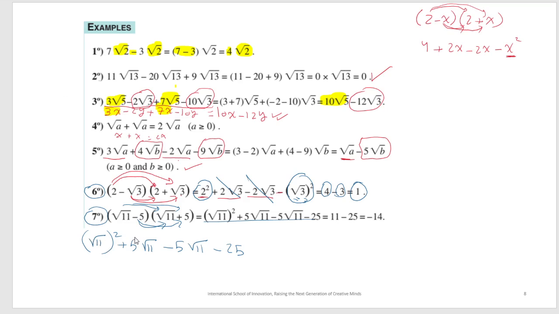Now, 5 radical 11 minus 5 radical 11 is cancelled. Radical 11 all of its square is equal to 11, remember. Minus 25, so I write it like this, and calculate at the end, it will be negative 14, and that's it. This is the answer.